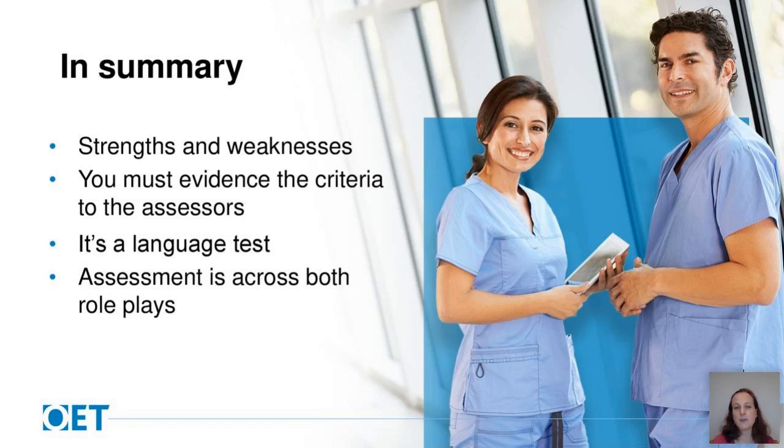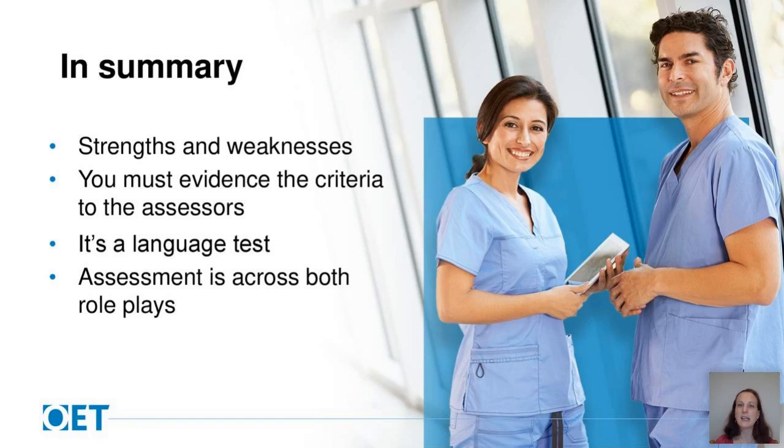Understanding what they're looking for is a really valuable part of your preparation. And that's why, as I mentioned earlier, you must go on to the OET website and download or save those assessment criteria so that you are looking at them regularly. There's no way that you're going to score really well on the test if you're unaware of what it is that the assessors are looking for.